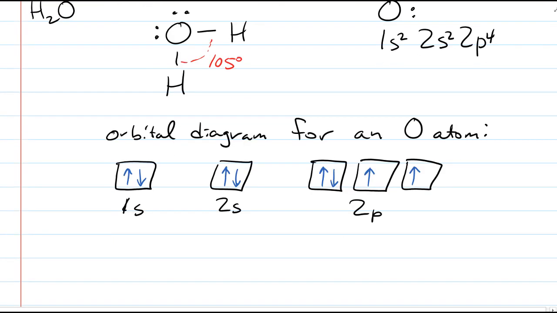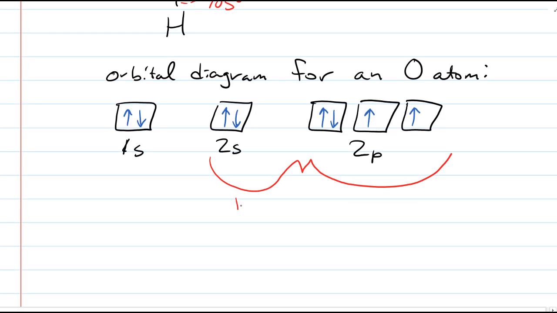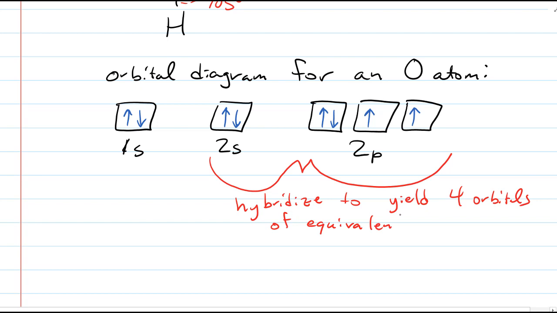So what we're going to do then is hybridize 4 orbitals all together. And we would state it like this: we are going to hybridize to yield 4 orbitals of equivalent energy.